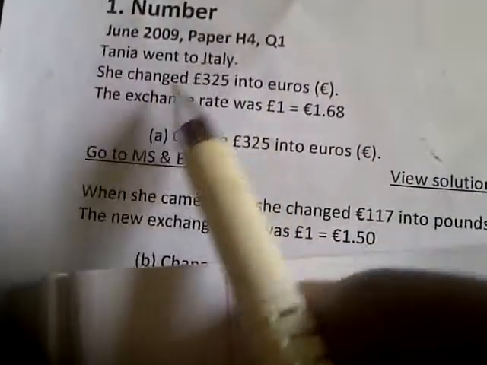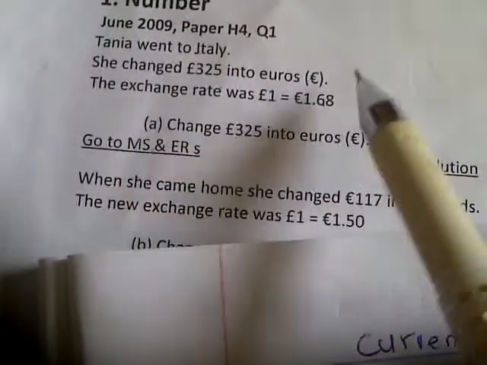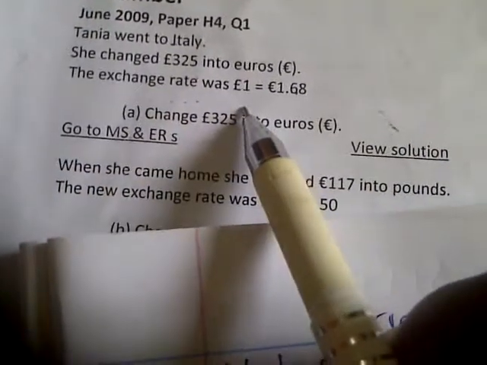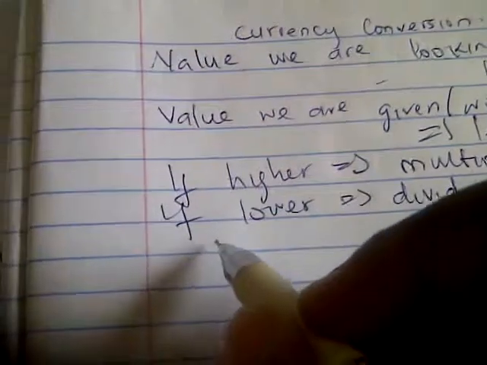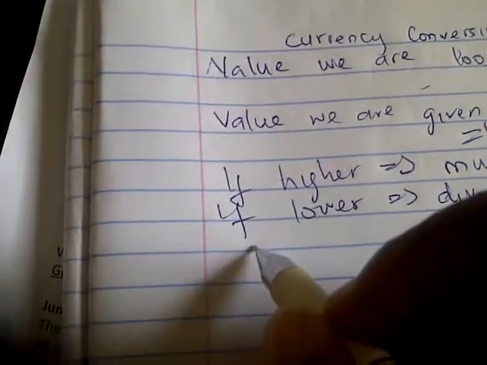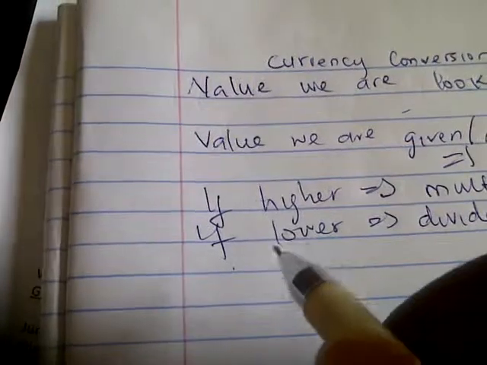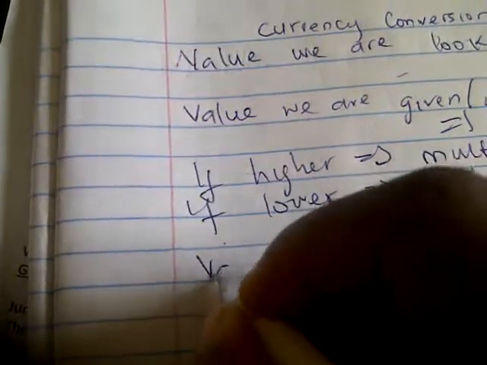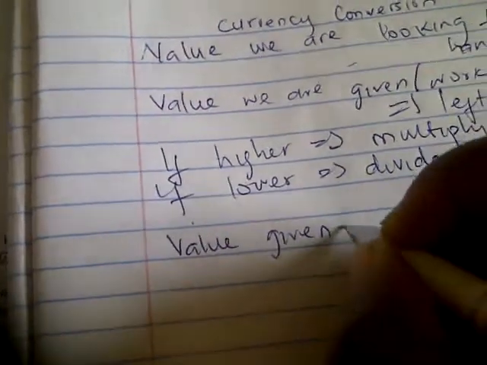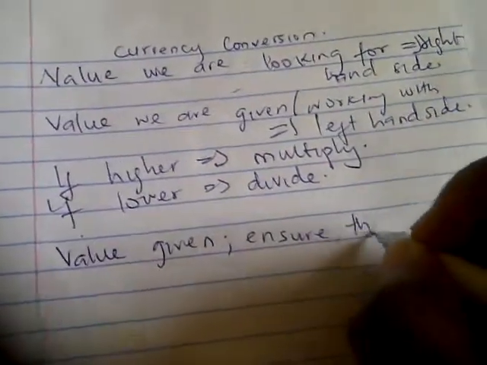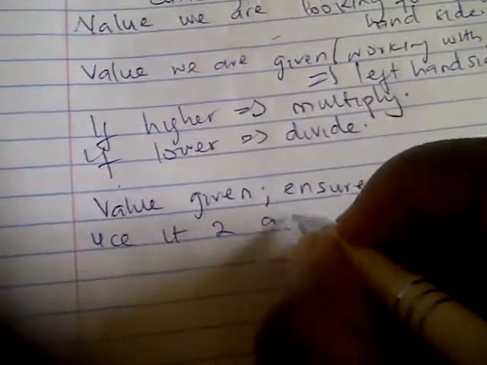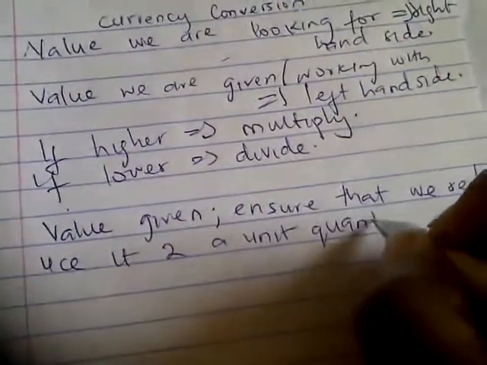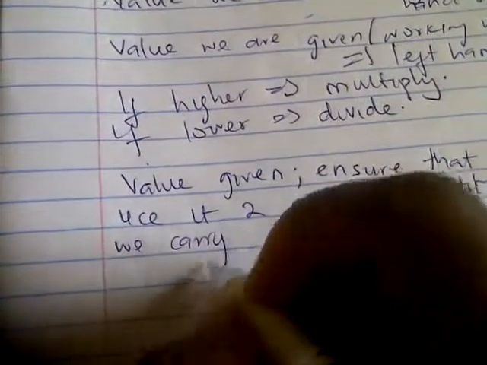Now let's take the first one again. We're told that Tanya went to Italy. She changed 325 pounds into euros. The exchange rate was £1 equal to 1.68 euros. This brings us to another rule. For the value on the left hand side, the value that we're given, we always have to ensure that we reduce it to a unit quantity before we carry out any other operation.